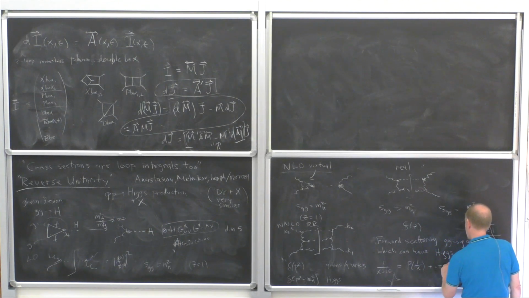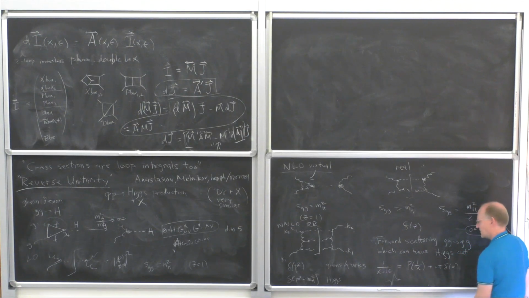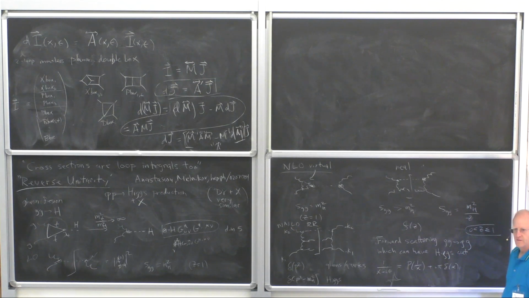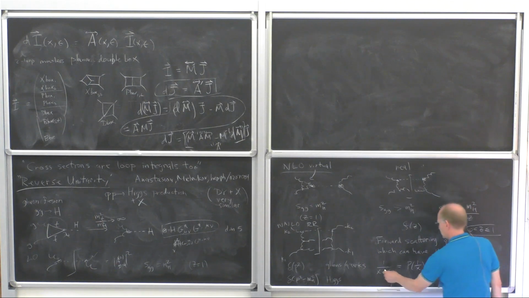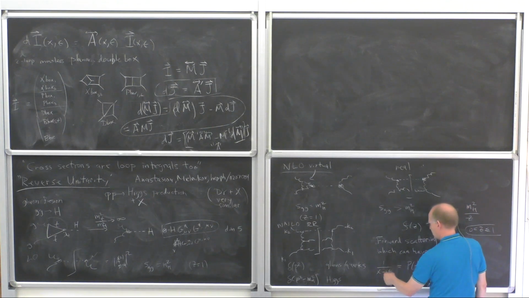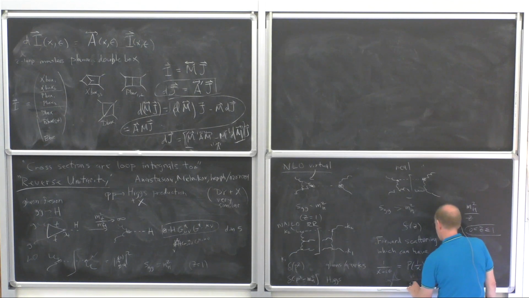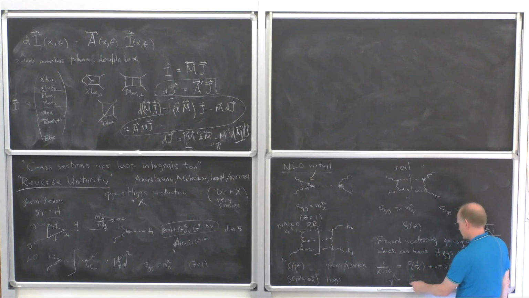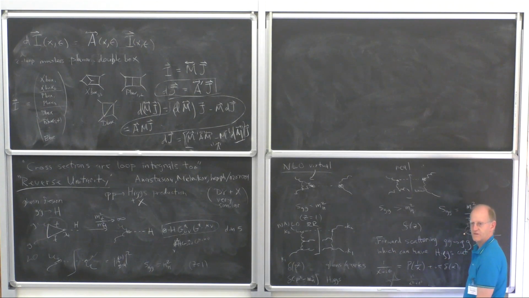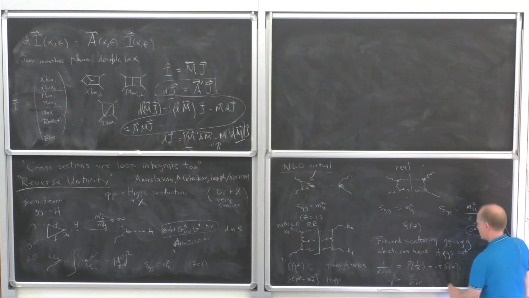And then there's an I pi delta of x that controls the imaginary part. You can rewrite the imaginary part of this as something like I epsilon over x squared plus epsilon squared. So it looks like a delta function as epsilon goes to 0. And this is the normalization of it.